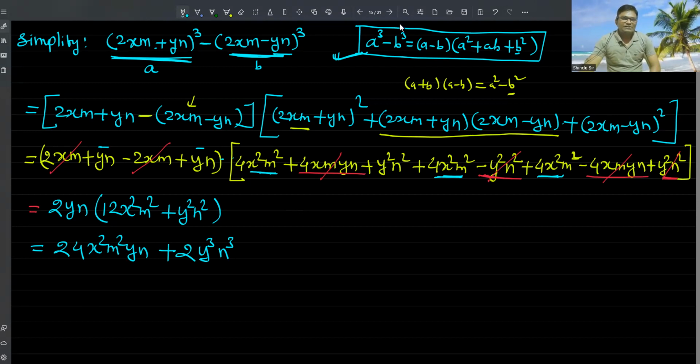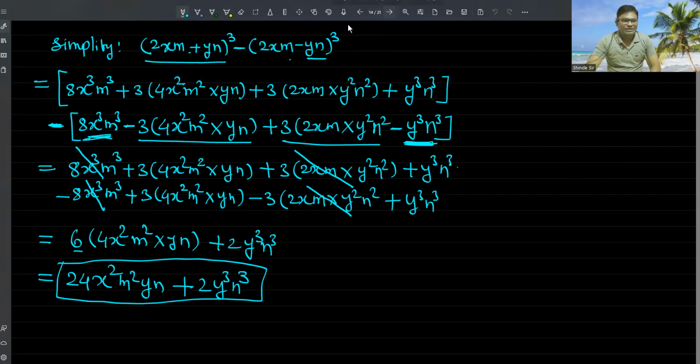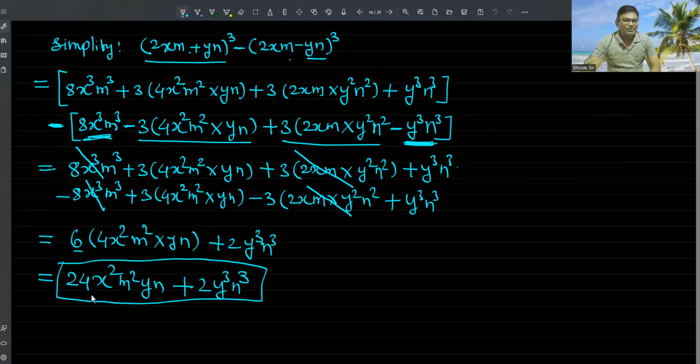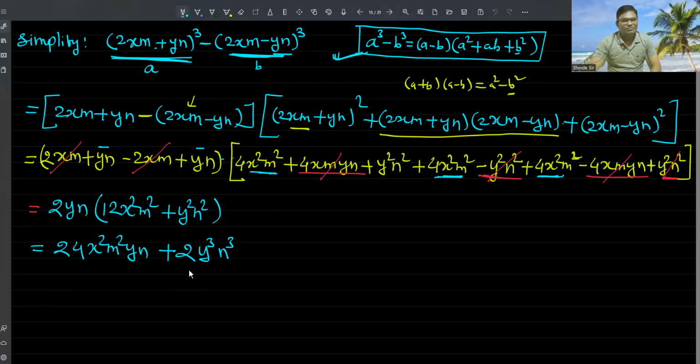Now let us see the answer which we have already found using the first method. You can tally with this answer. So 24x²m²yn is the first term in the answer, and we have the same term here, 24x²m²yn, and the second term in the final answer is 2y³n³. Let's tally with this answer. We have the same term here too, 2y³n³, and that's it. We have simplified this given algebraic expression using two different methods.